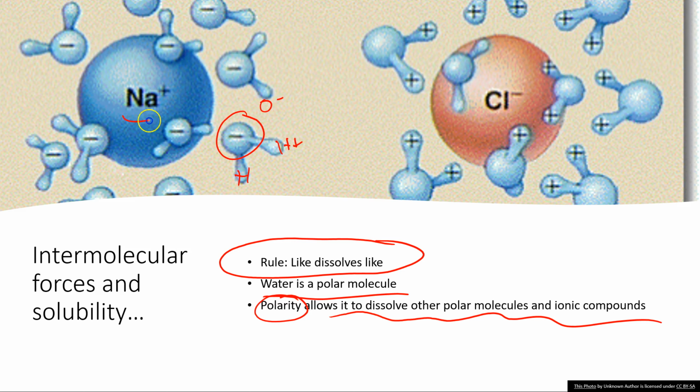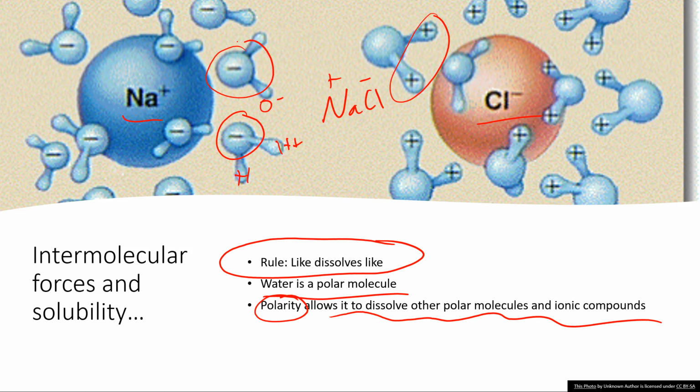If we take something like sodium chloride, which is an ionic compound, what we have to remember is that's a bunch of sodiums attracted to a bunch of chlorines. The water molecules are able to actually pull those apart in solution because water has these charges attached to it. So it's essentially able to separate those ions from each other.